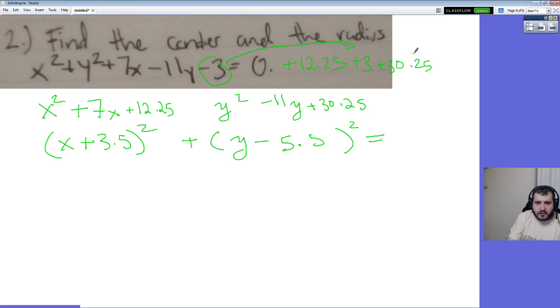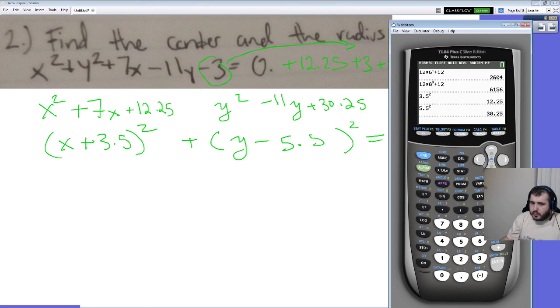Now let's collect all this. We've got 30, 3, and 12. That is 45.5. When you add all this up, that looks right. And then when you do 45.5, you want to find the square root of that so you can find your radius, right?